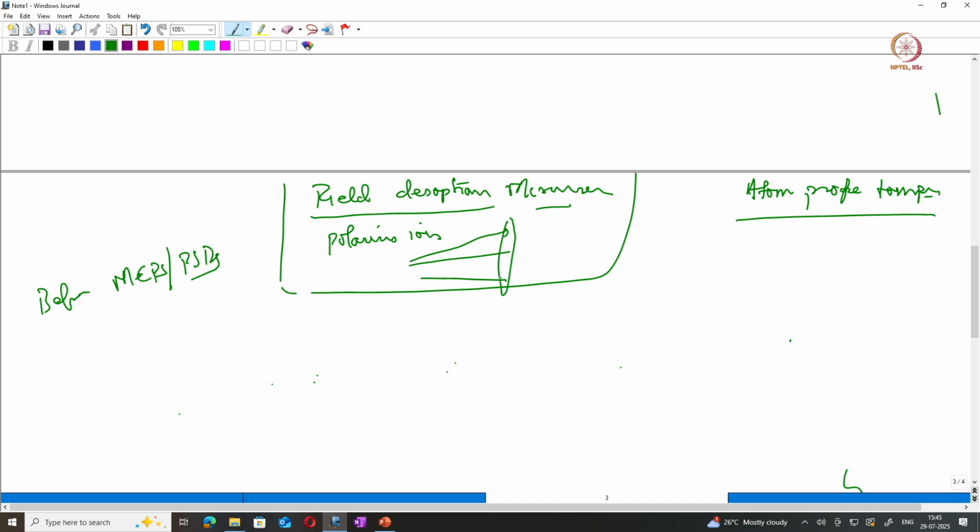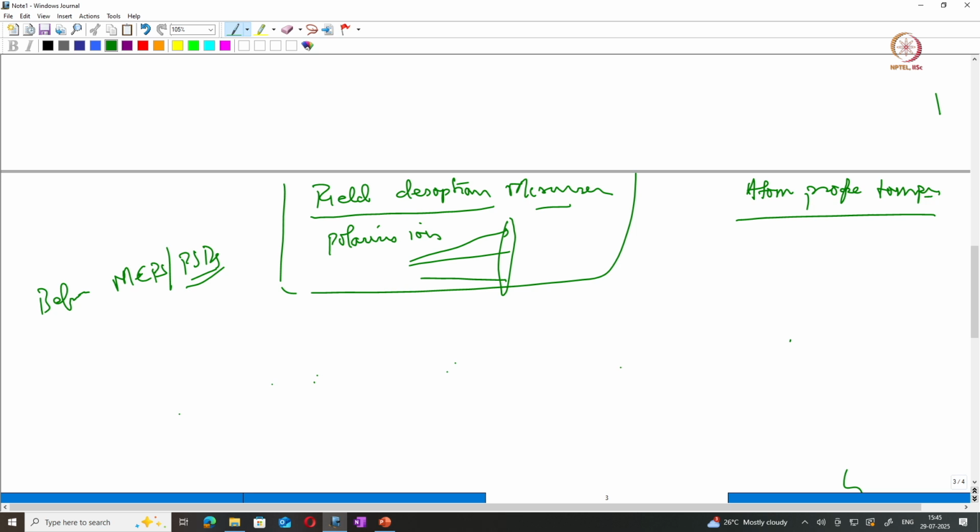There are no position sensitive detectors, so there is no conversion of ions to secondary electrons. But in the new atom probes, we convert these ions to a cascade of electrons that then impinge on the position sensitive detectors. So the image is formed by accumulating the ion impact positions on the detector.